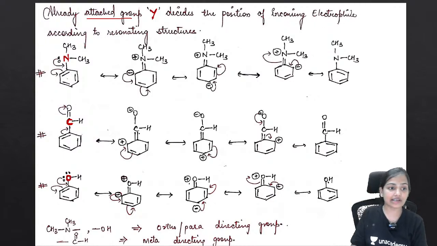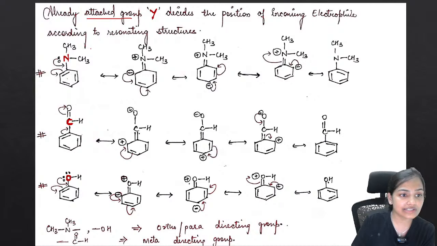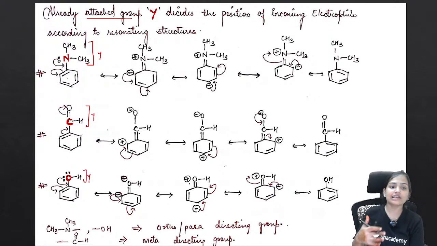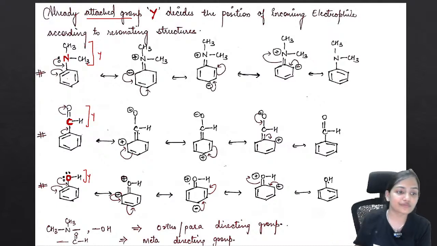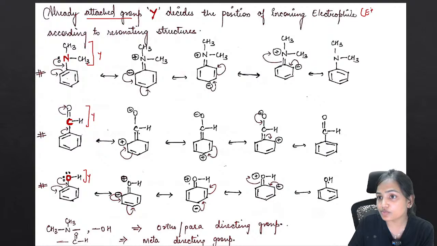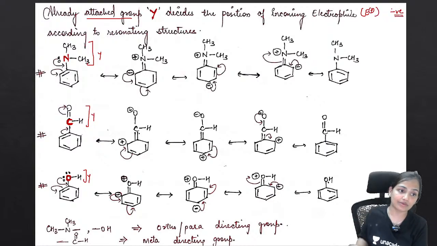These Y groups are going to decide where the electrophile will attack. Because which position does the electrophile choose? The electrophile chooses a position which is more negative in nature, where we have more electron density.